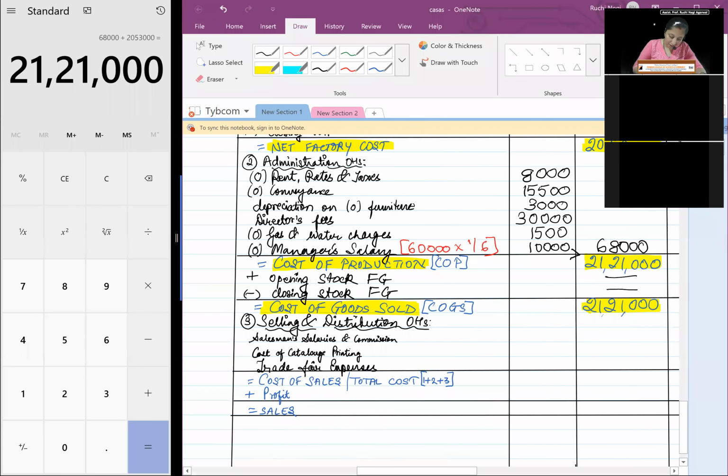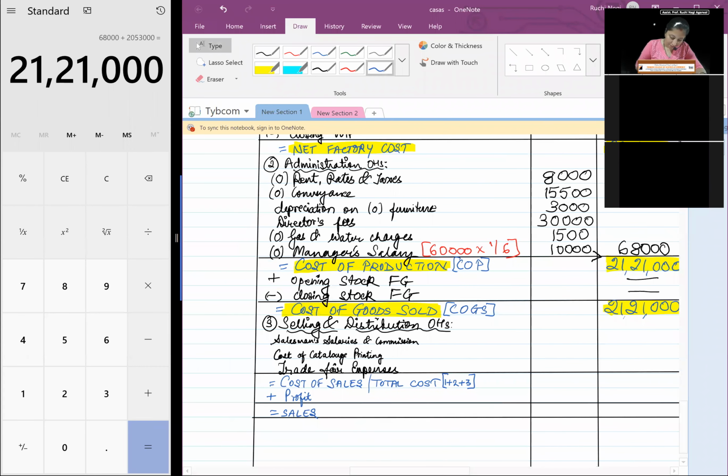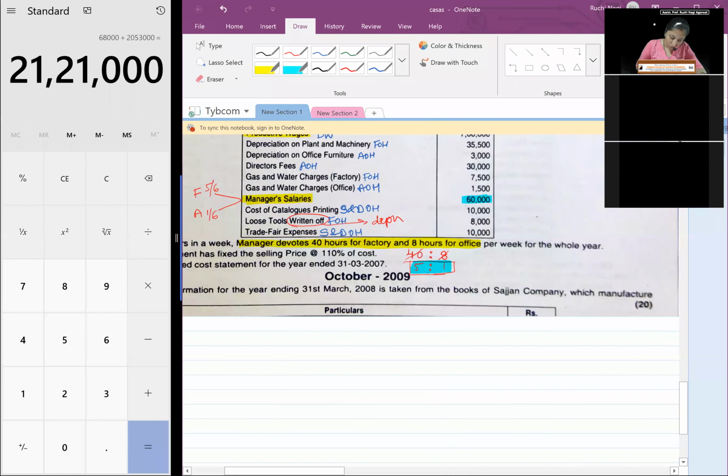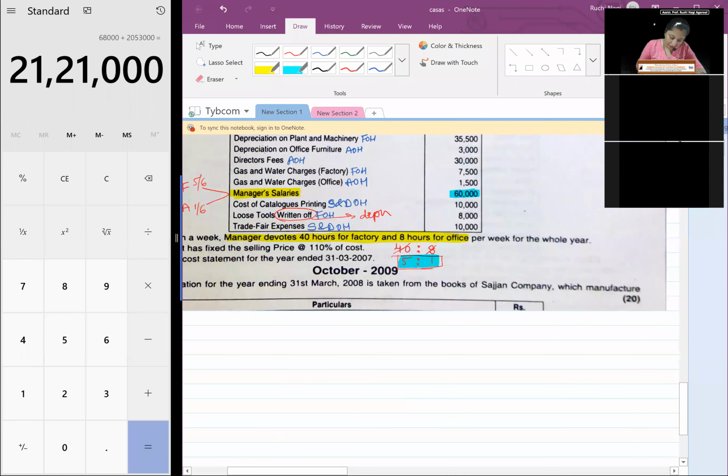Now selling and distribution overheads. What do I have? Trade fair expenses 10,000.